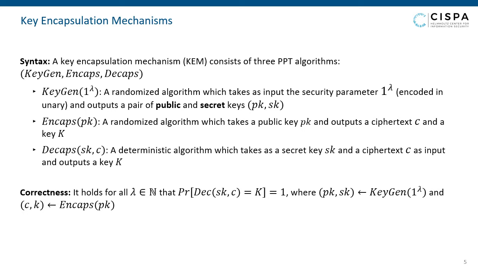So we require that it holds for all security parameters lambda that if we first generate a pair of public key and secret key via keygen, and C and the key K via the Encaps algorithm, and then decrypt the ciphertext C, we get the same key K that was produced by the Encaps algorithm with probability 1.